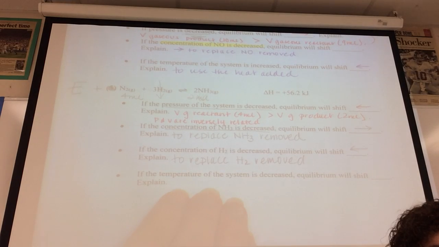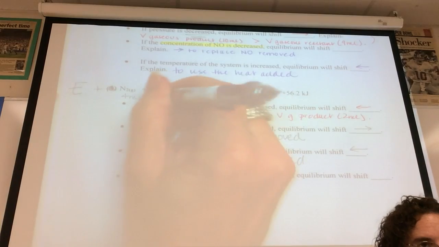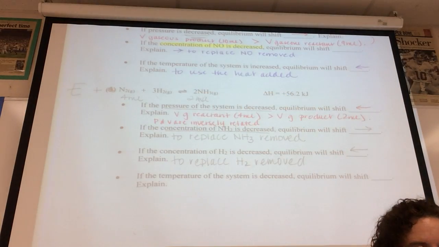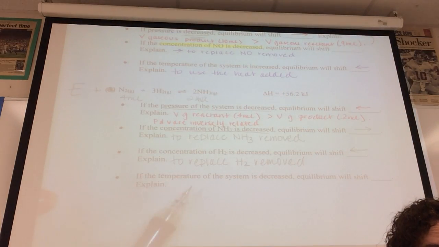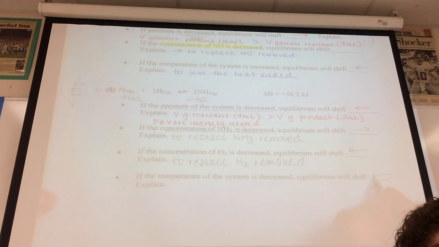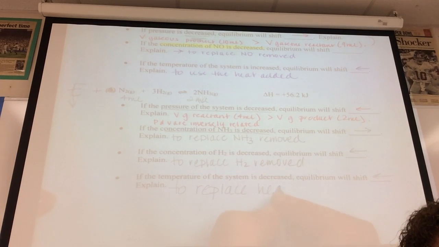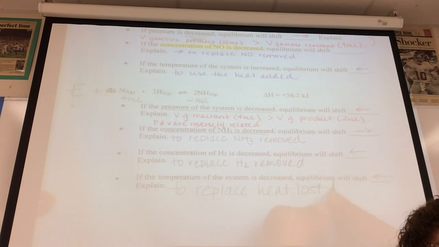If the temperature of the system is decreased, go ahead, Caitlin. Oh, you're so ready. If the temperature of the system is decreased, it will shift to the left to replace the heat lost. You got it. You were ready. Good job.